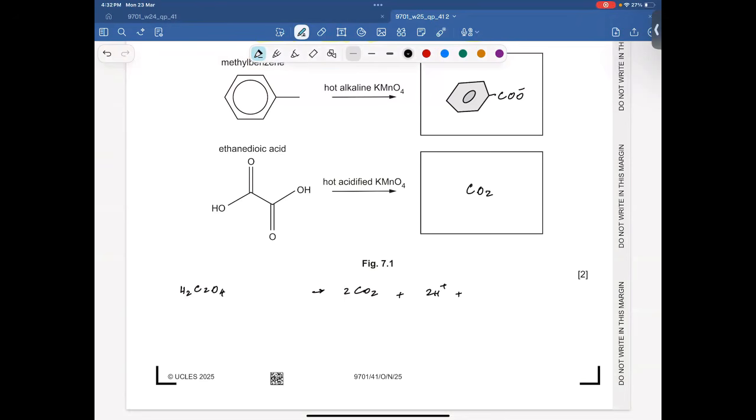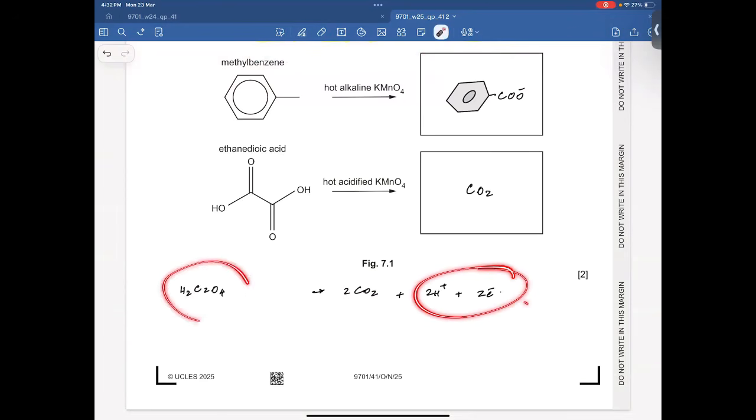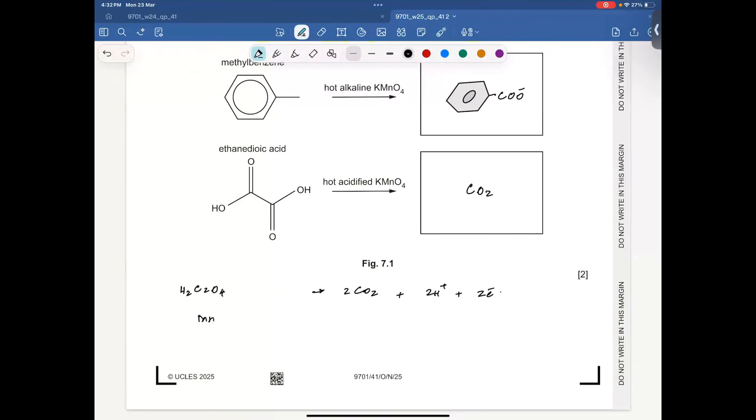To balance the equation, I need to put 2 electrons so that the charge is 0 here. Here also the charge is 0. And permanganate, MnO4 negative, is basically converting into Mn2+. According to the ion electron rule, we have 4 oxygen atoms, so I'm going to write 4 water molecules. We have 8 hydrogen atoms, so we have 8 hydrogen ions. To balance the charge, I'm going to put 5 electrons here.